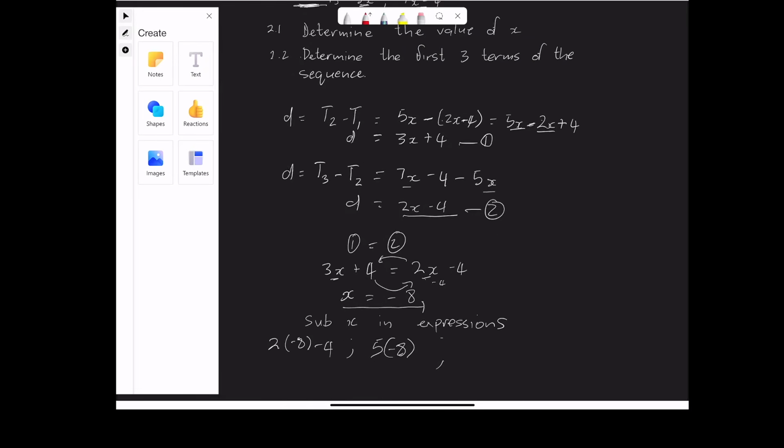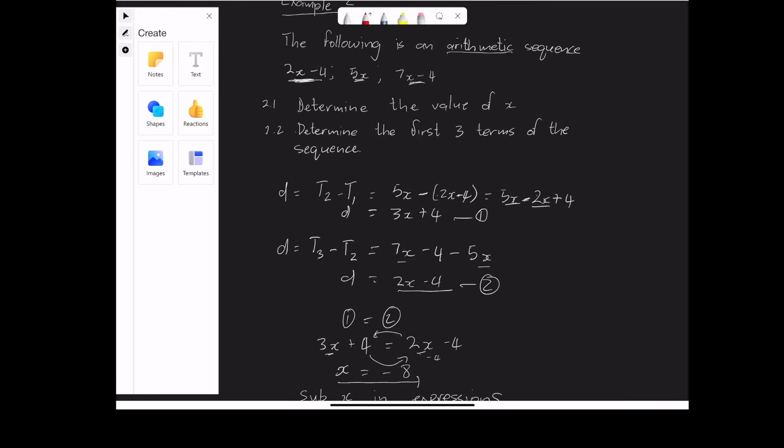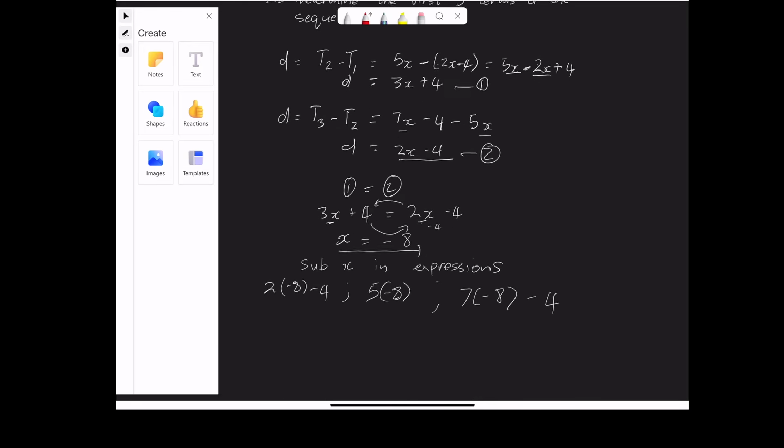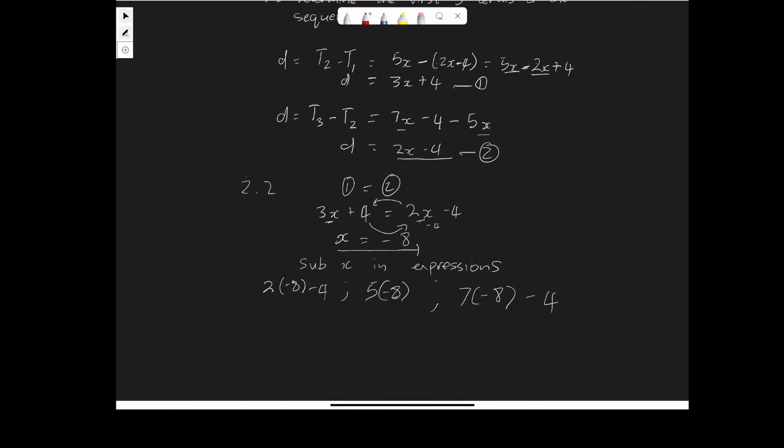In the third one we've got 7x minus 4, so that's 7 times minus 8 minus 4. Okay, right, now let's check our first 3 terms, and we should have actually made it quite clear there. We are answering 2.2. Okay, and now let's try and get that quickly.